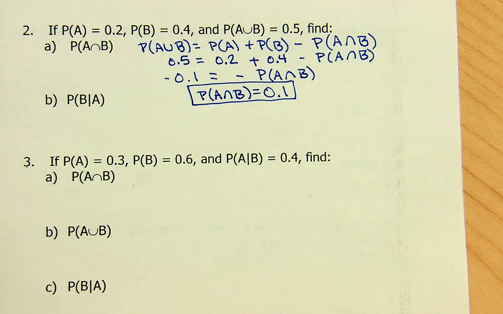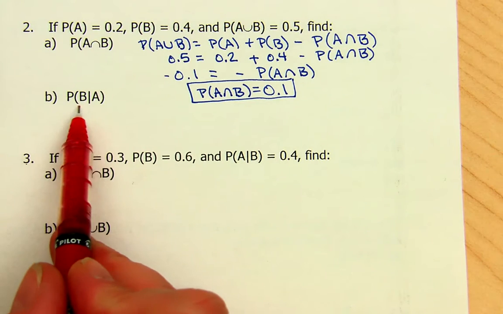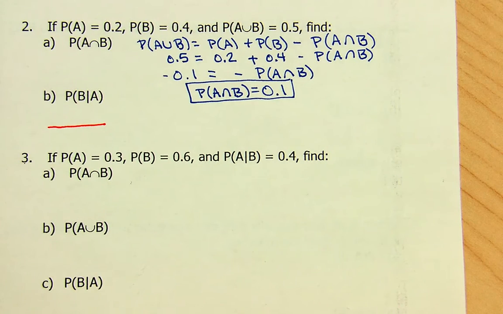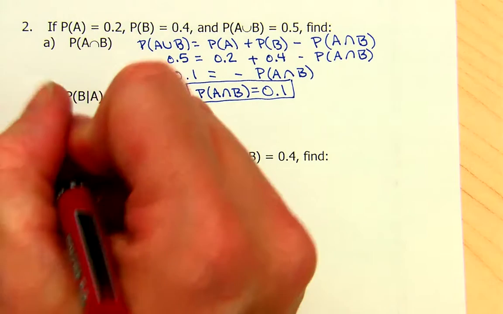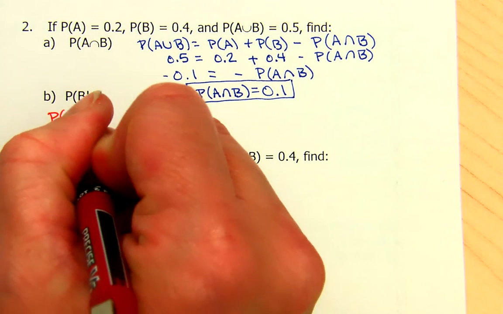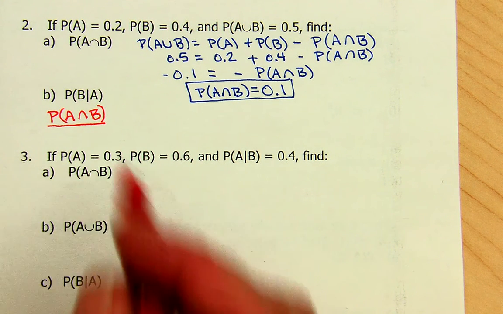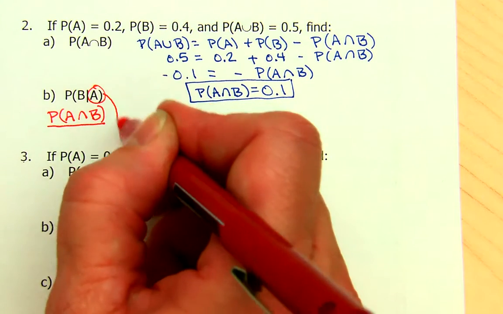Alright, part B. How will I do this? I'm going to use my conditional rule. So what goes in the numerator? Good. What goes in the denominator? Yeah, whatever I'm given, that's going to go in the denominator.